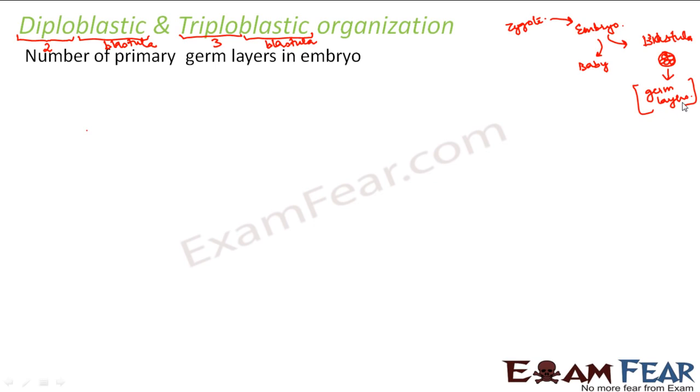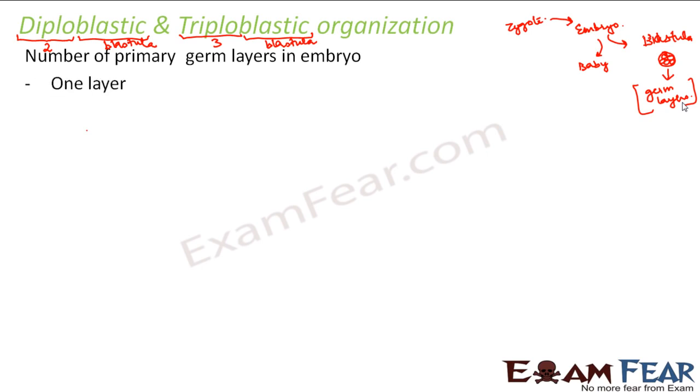Those organisms which have three germ layers will have more specialization in their body, whereas an animal with just one germ layer obviously will not have that much specialization in the body because the number of layers is less. So depending upon the number of germ layers present during embryonic development, we can tell a lot about the structure of that animal.